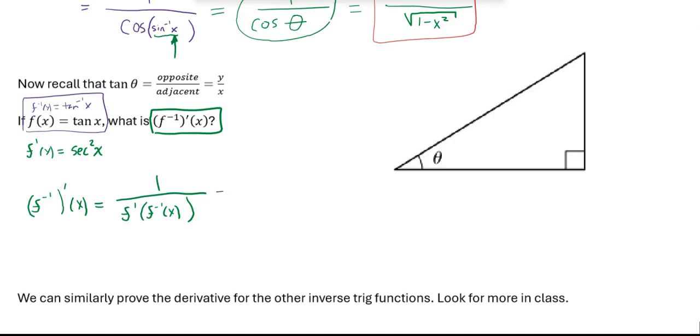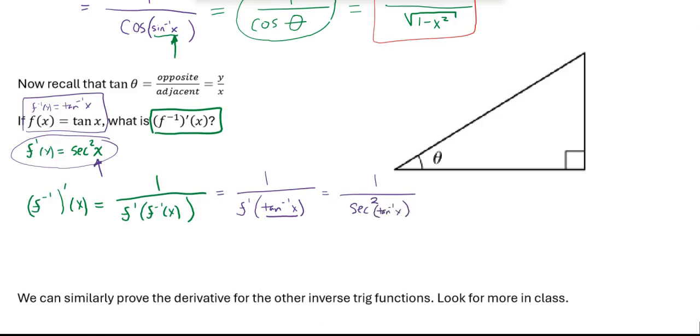So that's easy enough. That'll be 1 over f prime of tan inverse of x. And then f prime we already found to be secant squared x. So this becomes 1 over, plugging tan inverse of x in here, secant squared of tan inverse of x.